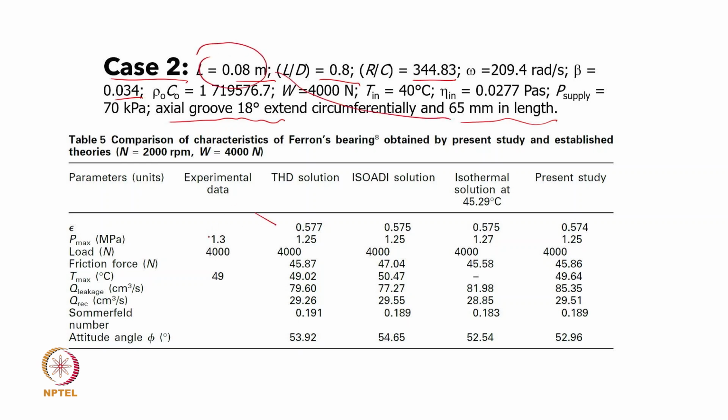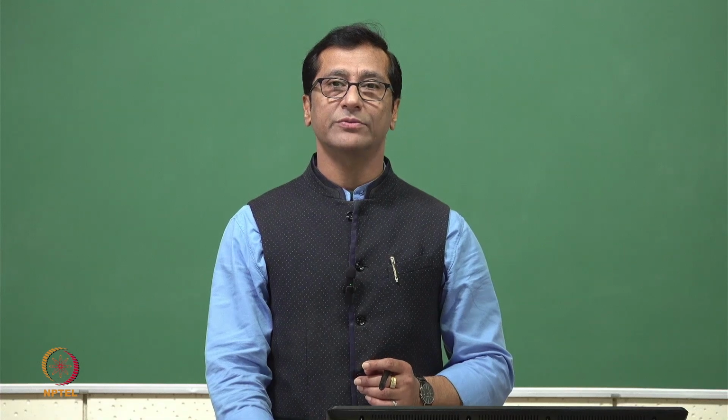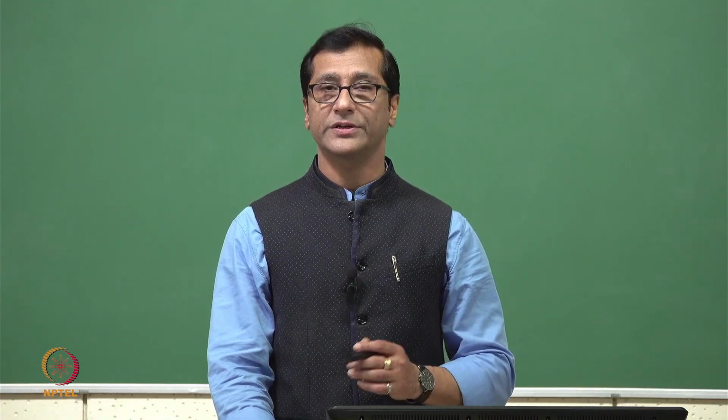So again the results have been compared. One good thing is that the eccentricity ratio has increased to more than 0.5, so it is advisable now, but still the attitude angle is on the lower side, so again the problem comes. And another thing, in this case also the velocity is more than 10 meters per second, and there may be a challenge in using a grease lubricated bearing.